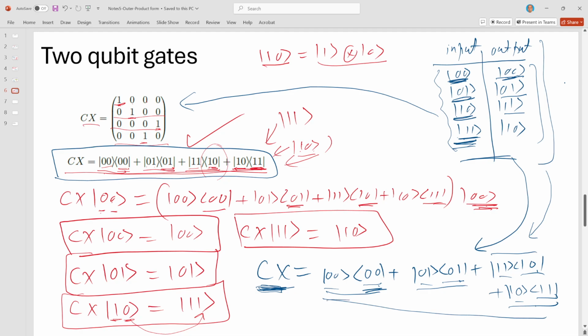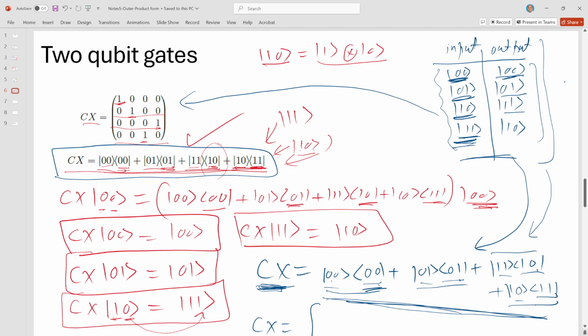And now once we have this outer product form, I can write the matrix directly from here, because the matrix is easy to write. This is the 00 term, its coefficient is 1, so I put a 1 here. This is the 01 term, a second diagonal term, I put a 1 here because the coefficient is 1.